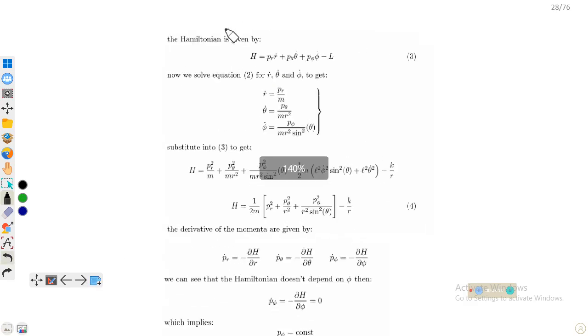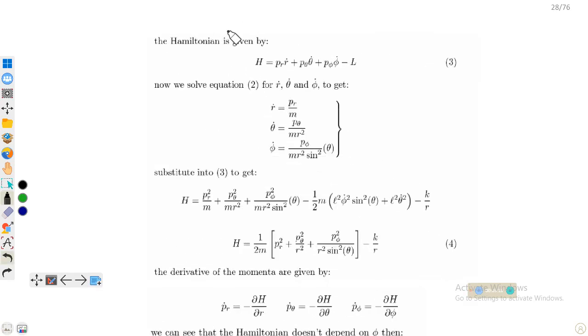You know that the Hamiltonian is given by H is equal to the sum of p q q dot minus L. This is the generalized formula. If we expand this summation, H is equal to pr r dot plus p theta theta dot plus p phi phi dot minus L. We can find the values of r dot, theta dot and phi dot as in equation 2.